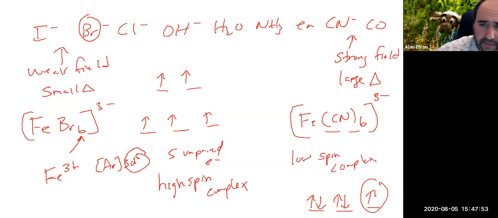So the ligand that's attached does have an effect on the splitting that you see. And again, there may be some situations where they will tell you to do it for the strong field, do it for the weak field. And there may be situations where they may not give you information and it may not make a difference one way or the other.